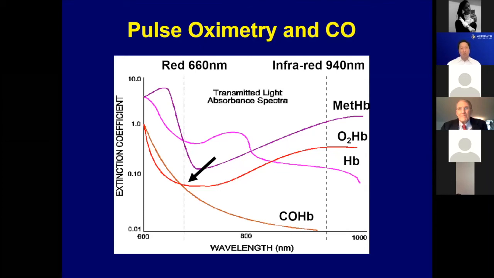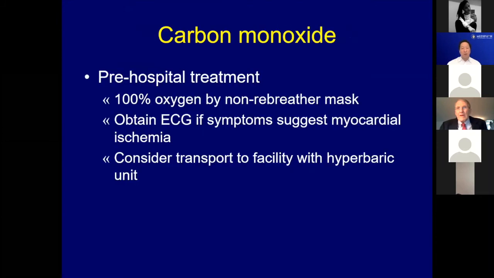And that's how you determine the O2 sat. For whatever reason, carboxyhemoglobin absorbs the same as oxyhemoglobin. So that's why you're going to get a normal result. And so if you're going to check a carboxyhemoglobin level or measure it, you need to do it at 4 wavelengths. That's why the normal pulse ox doesn't work.